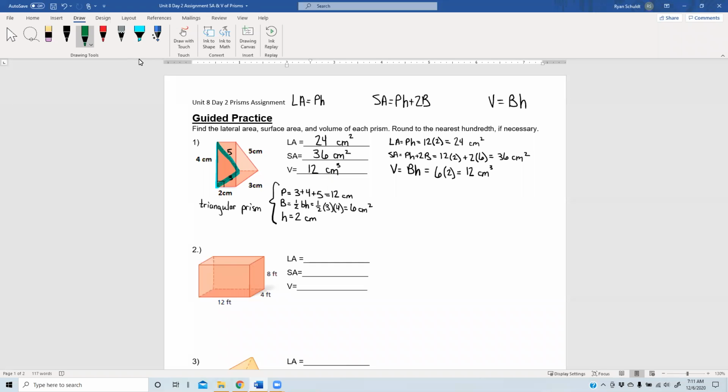I'm going to rewrite that. So what you would enter in Google would look like this. That way you can make sure you put your units. That's what you'd enter on Google Forms when you do your assignment.